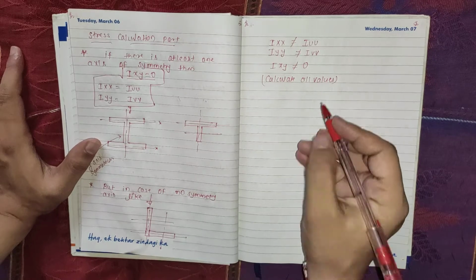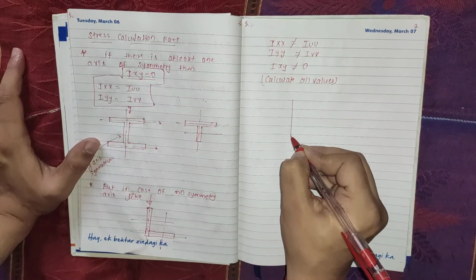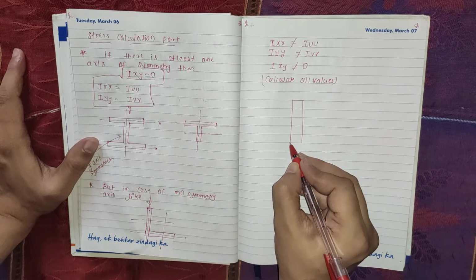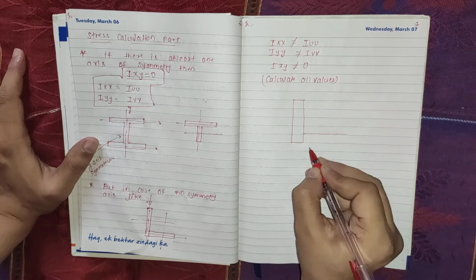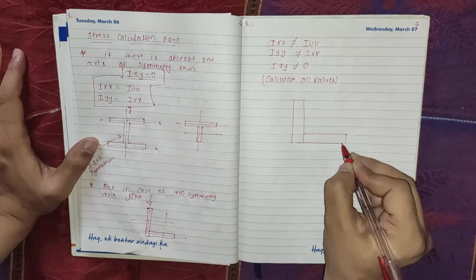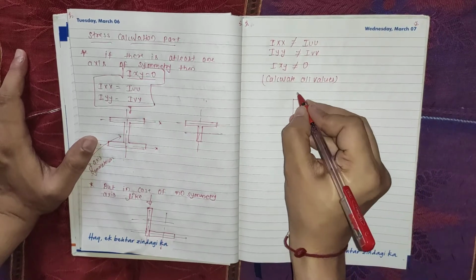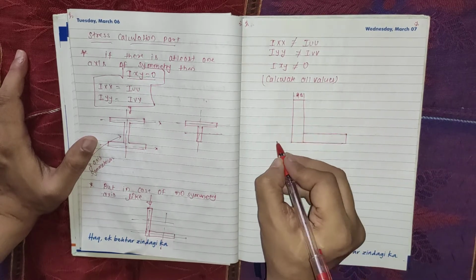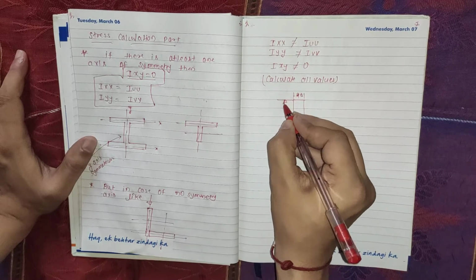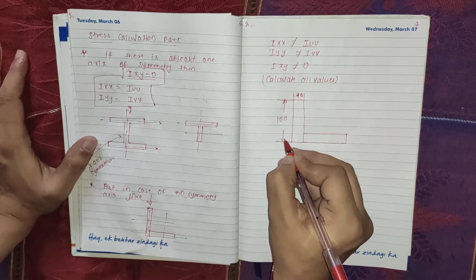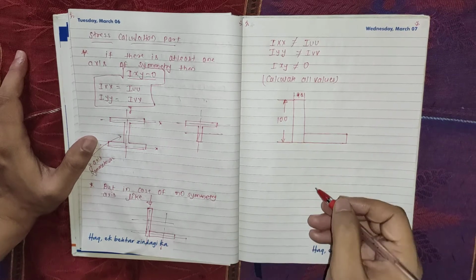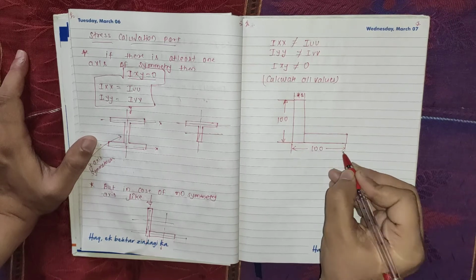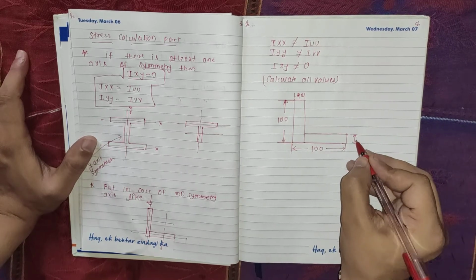Let's say this is an L section. Let's say this is 20 and this value is 100. This value is also 100, and this value is 20.